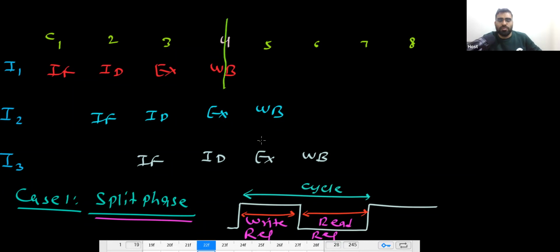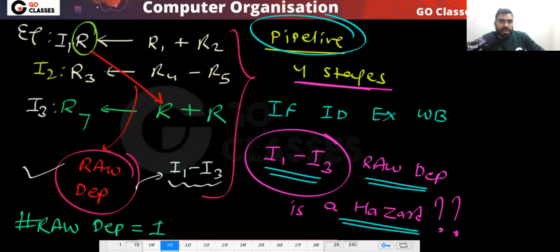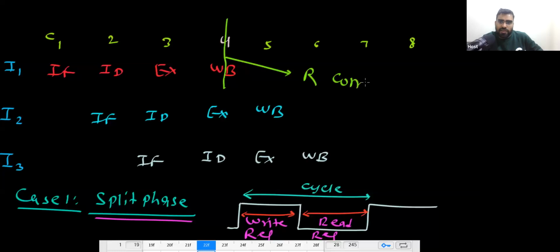So at this point the correct value of R is available, and we can read it here in the second half of cycle 4.